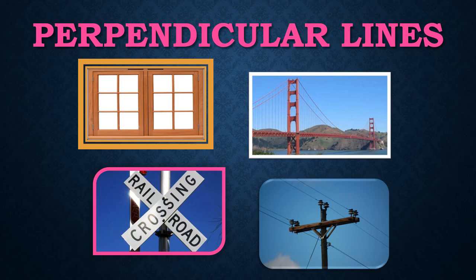That's right. Perpendicular lines are lines that cross. Okay? So meaning to say they form a cross. So, dito din sa bridge. And then, of course, this railroad crossing from the word cross. And the electrical post form a cross also.